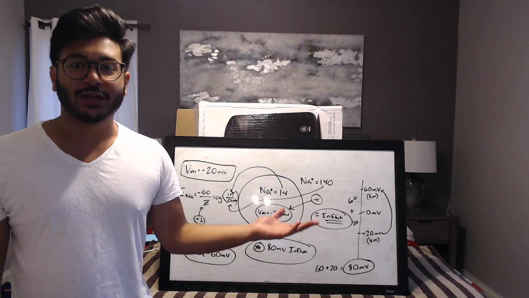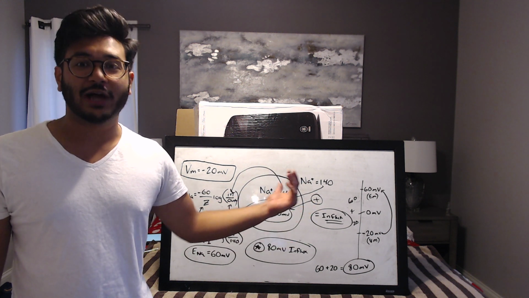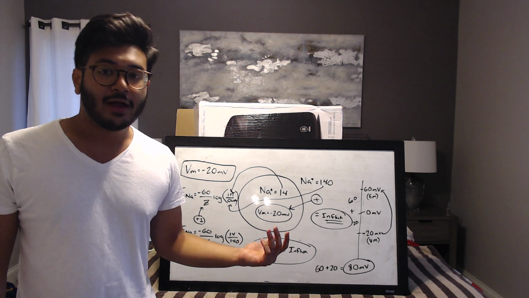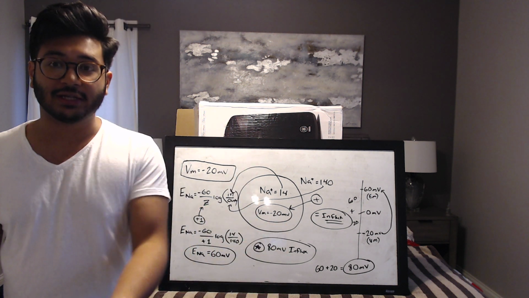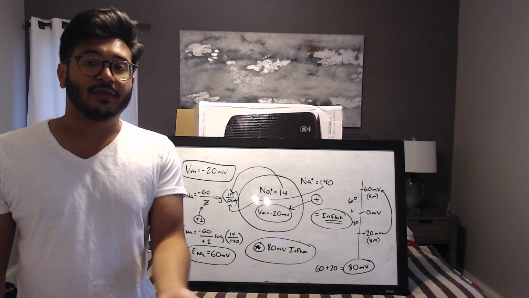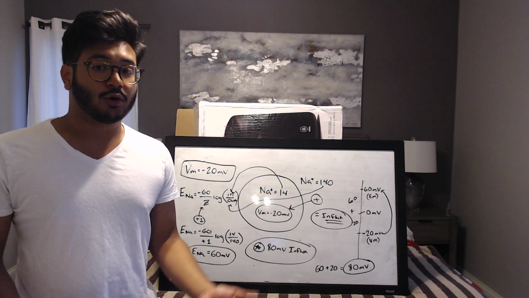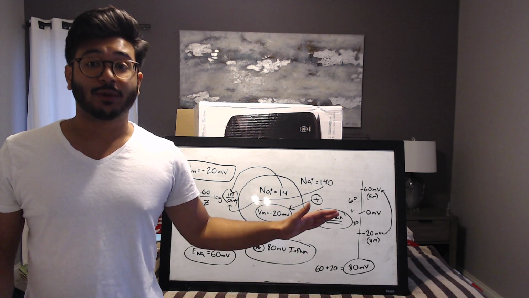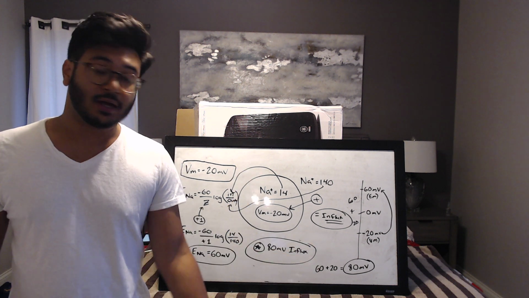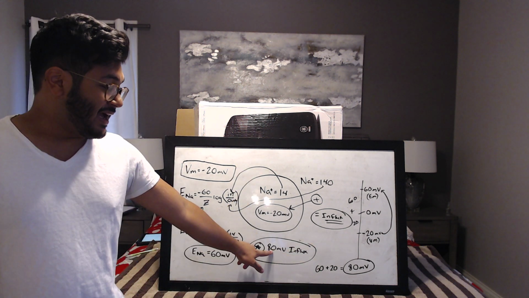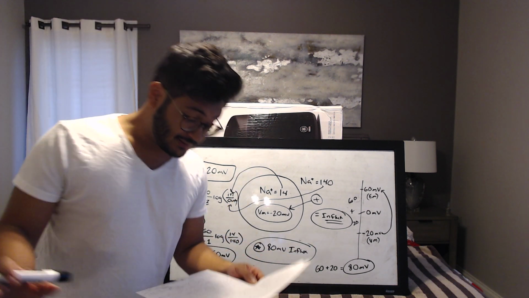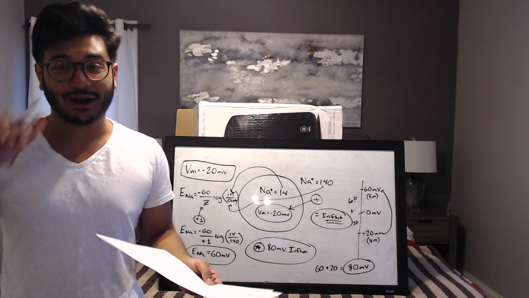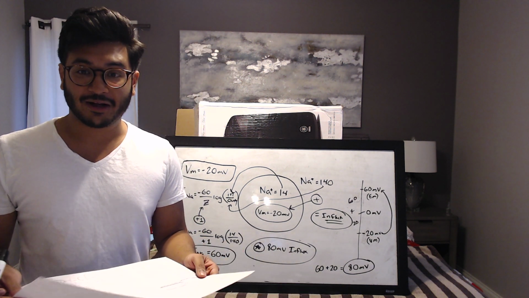You think about it and you're like, wait, there's so much potassium inside the cell. Why is more potassium going inside the cell? It's because the electrical gradient is most likely going to be stronger than your chemical gradient. So no matter what, make sure to look at that. That's the easiest way to figure out which way things are going to be going. So if you do that, you're going to get 80 millivolts influx. This is the easiest way to do this. I promise, you're not going to get it wrong.